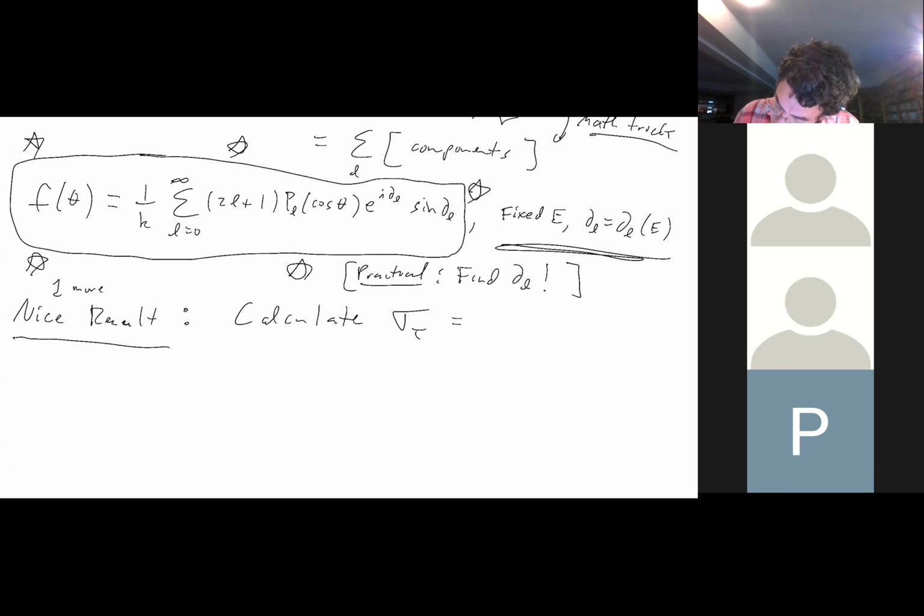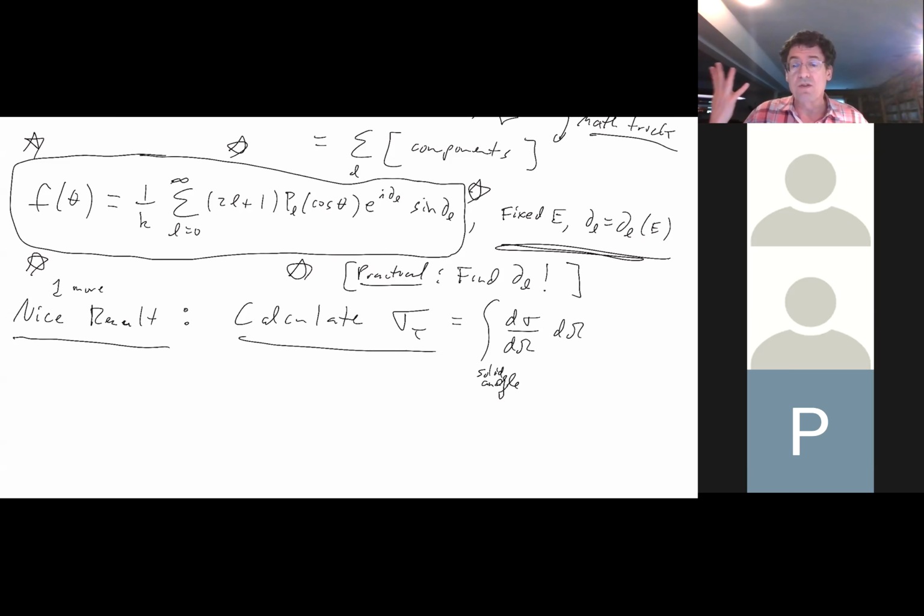So the total scattering cross-section is the integral of the differential cross-section, of course, over all solid angle, right? And so let's calculate that using this new formula that we derived from the partial wave analysis.